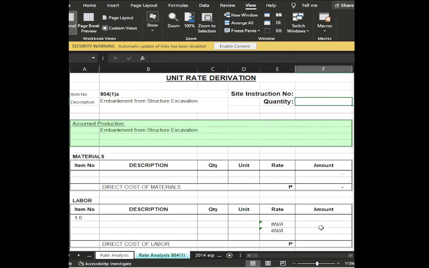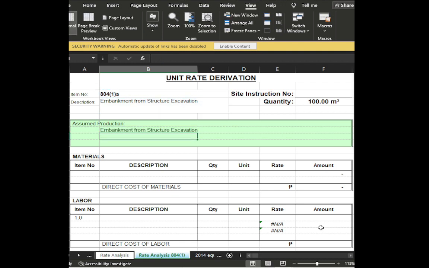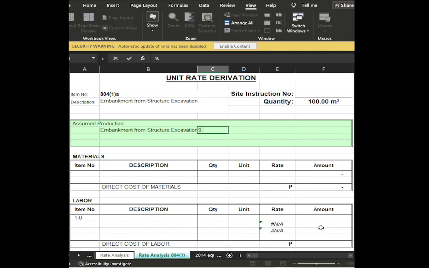So the same as before, we will assume 100 cubic meter of quantity. Then we'll put the description here. Then our assumed production, guys, for this embankment from structure excavation is 9.84 cubic meter per hour.